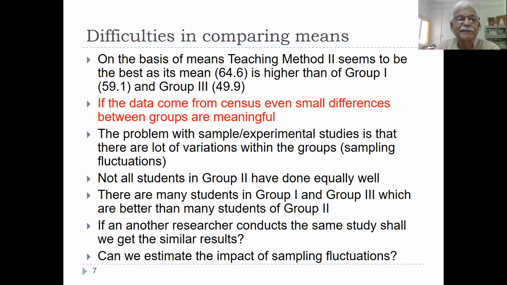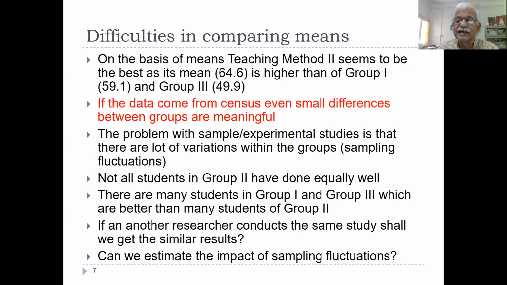But most of the time our data come from experiments or samples, and therefore application of ANOVA or such tests becomes necessary. Now friends, there are difficulties in comparing means. On the basis of means, teaching method 2 seems to be the best, and teaching method 3 the worst. The problem with sample studies is that there are a lot of variations within the groups also.